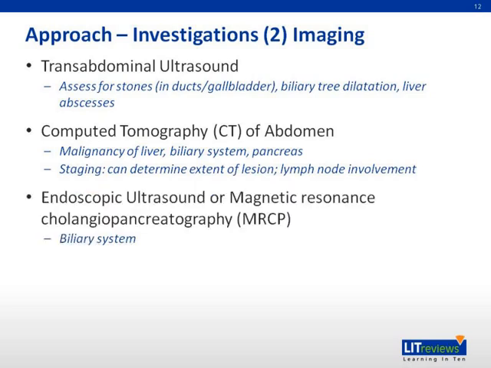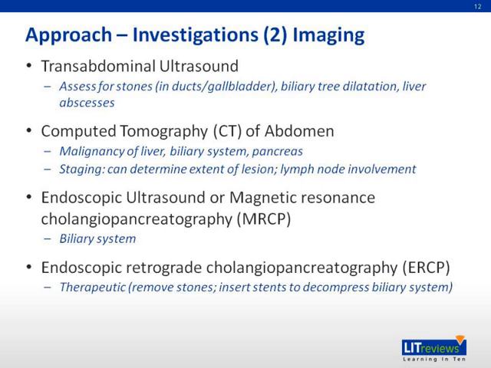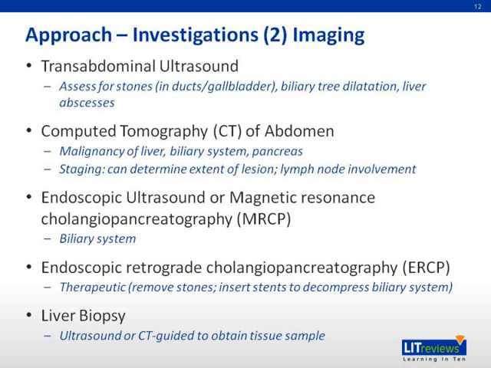If further evaluation of the biliary system is required, an endoscopic ultrasound or MRCP can be undertaken. Once the diagnosis points towards obstruction in the biliary system, an ERCP can be performed for therapeutic purposes. Finally, a liver biopsy can be done to sample tissue for histology if required.